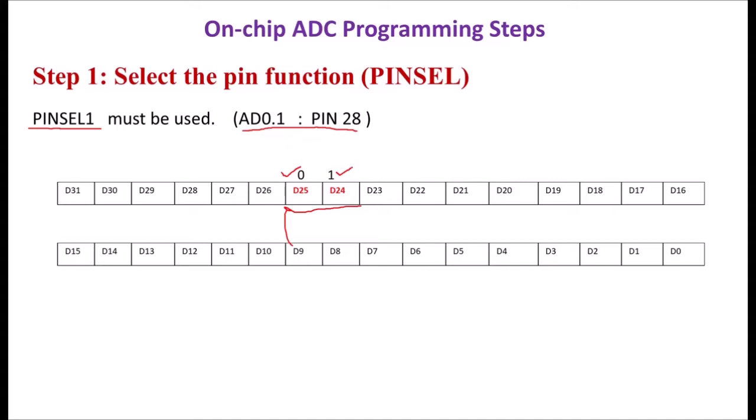As an example, we are connecting the input to AD0.1, so we have to initialize these 2 bits as 0, 1. 0, 1 means for pin 28 we are selecting the function as analog input. If we store 00 for all other bits, we have to initialize it with the value 01 followed by zeros. We convert it into hex, and in the pin select register we store this data.